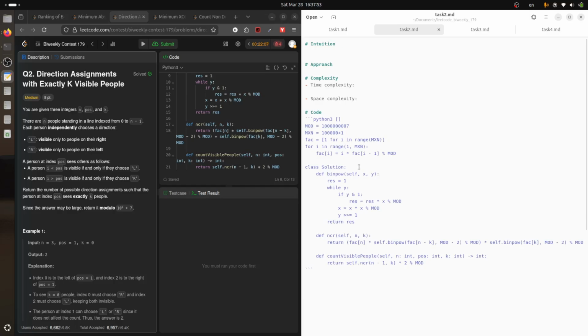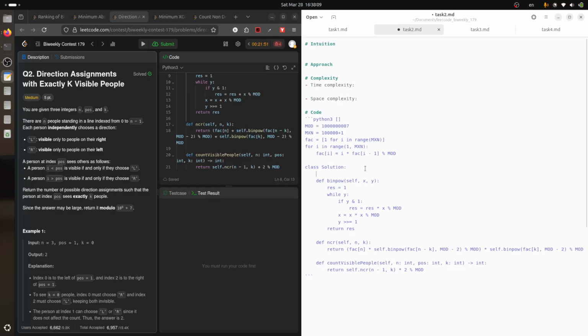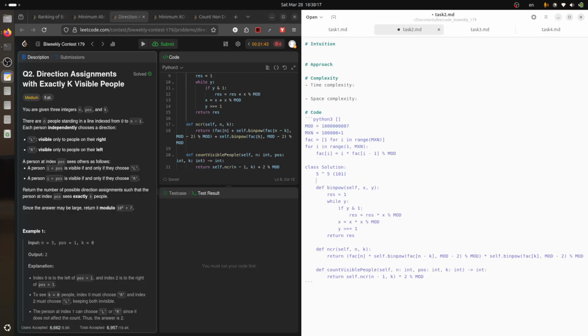Basically, instead of doing 5 times 5 times 5 times 5 times 5, if we want 5 to the power of 5, which is 101 in binary, this means that we take 5 to the power of 4 and multiply by 5 to the power of 1.